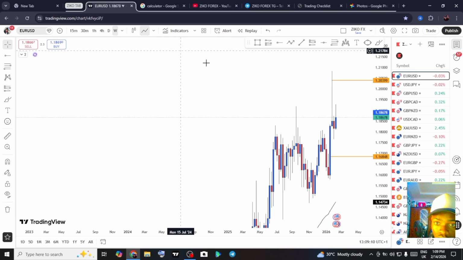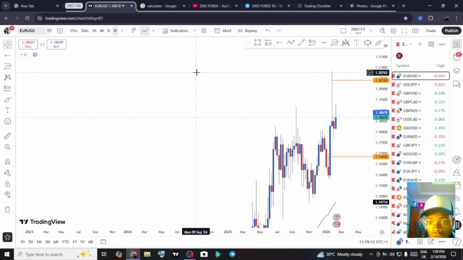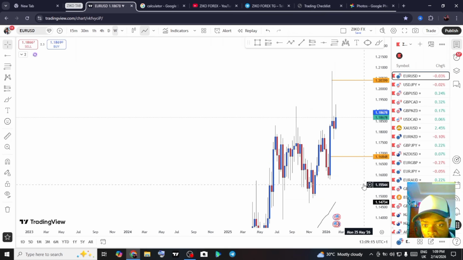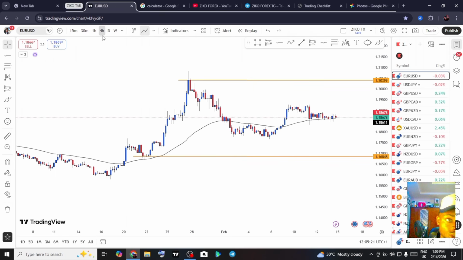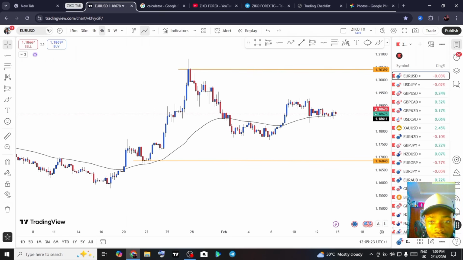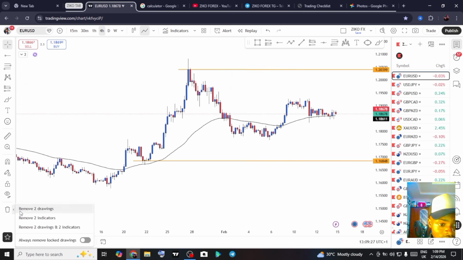So let's see what the weekly is doing. The weekly, as you can clearly tell, is also bullish. So we already have two time frames in sync. Weekly and daily are bullish. Now let's see how the 4 hour looks.